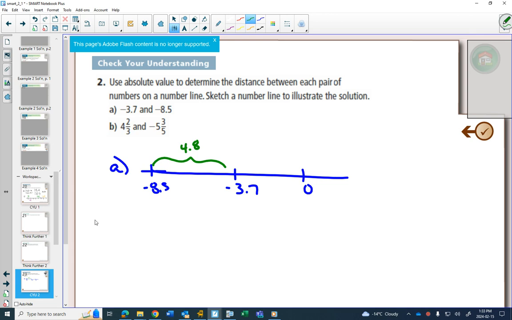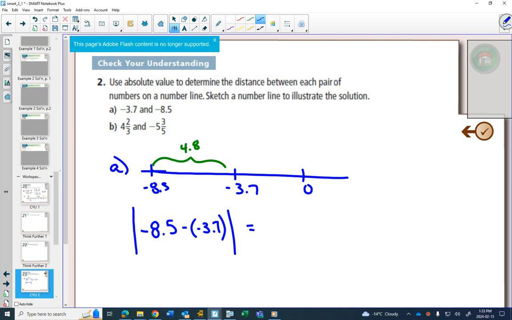But if we wanted to use absolute values, it wouldn't matter if we screwed up the order. I want to find the distance between 8.5 and 3.7. Well, what happens if I screwed up on the order and put the wrong one first?